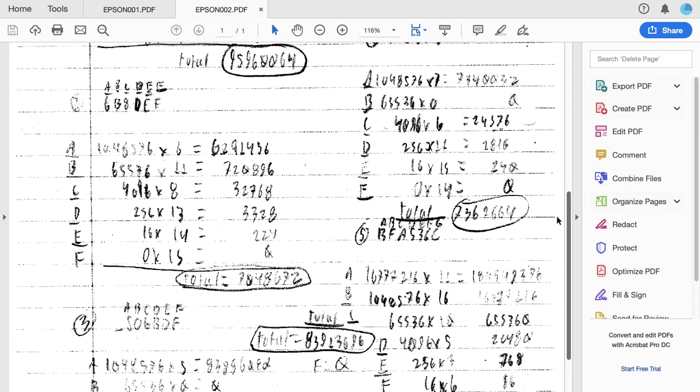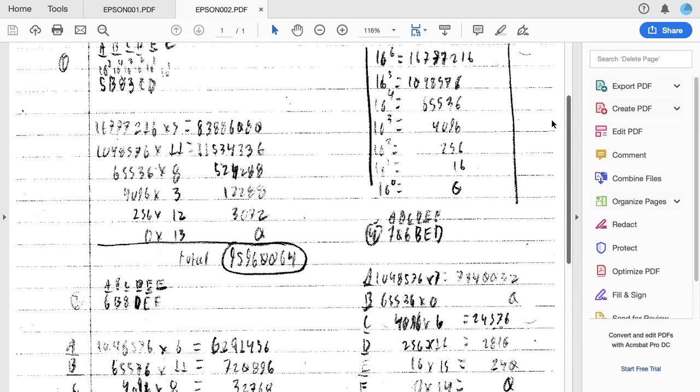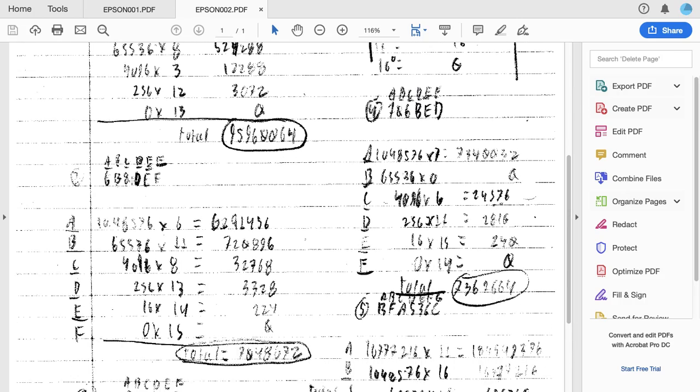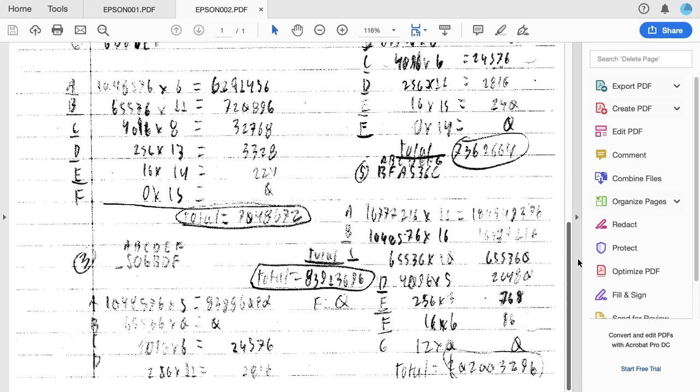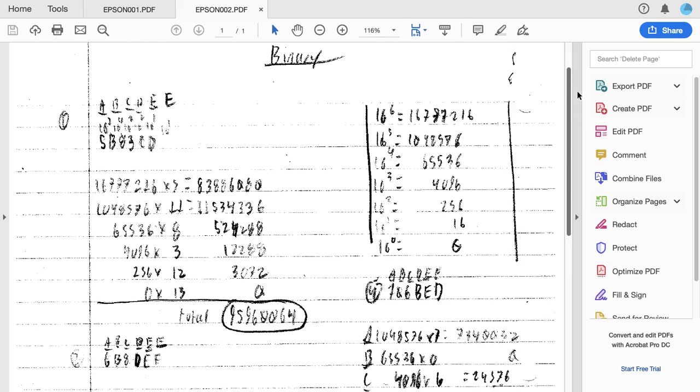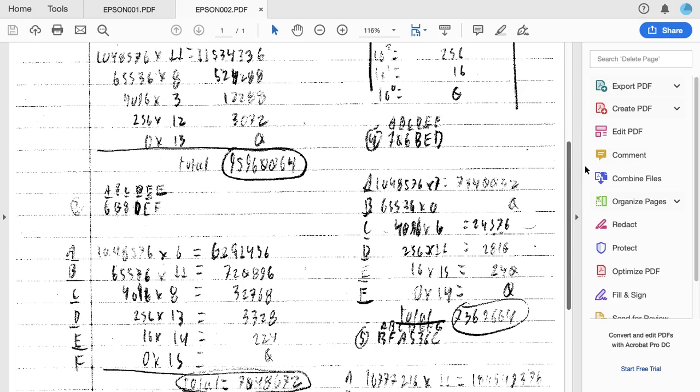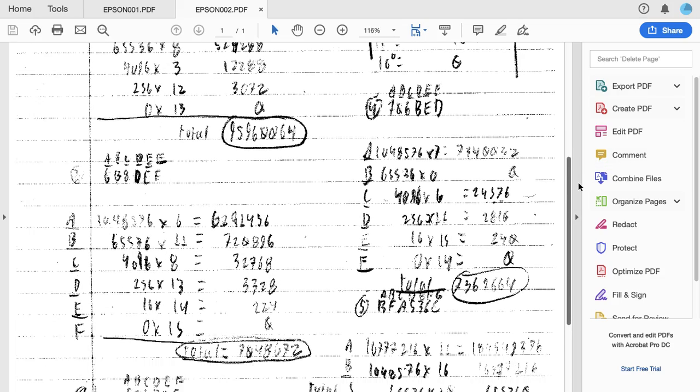Get the exponent, correspond it with a character, multiply exponent by character, get results, go down the line, and get everything labeled, add up everything here, get the answer. And it doesn't matter how big the problem is.